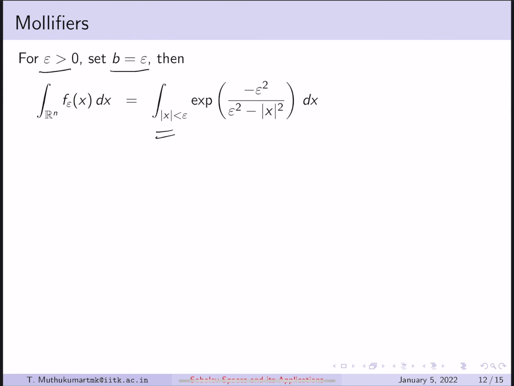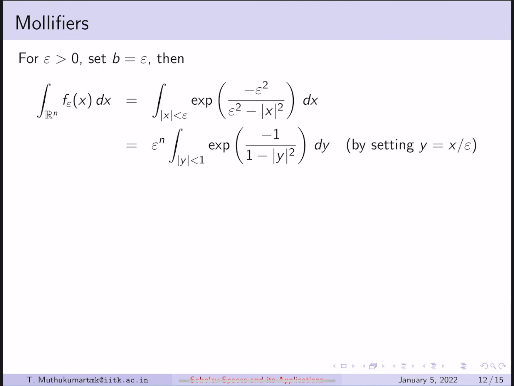Now you do a change of variable, that is y equal to x over epsilon. If you do that, then this is the term that you get, and dx will become epsilon power n dy because you are now in n dimension, right? So for each dimension you get one epsilon, so you get epsilon power n. Now this is just some number.